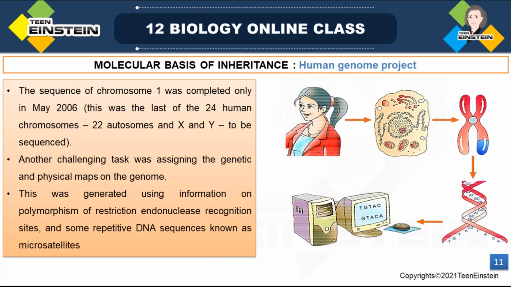So the genetic map is created on the idea of linkage. The genetic map was created by using the information on polymorphism of restriction endonuclease recognition sites. Based on that information, the genetic map was constructed.